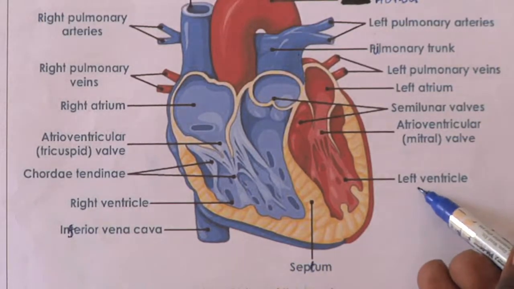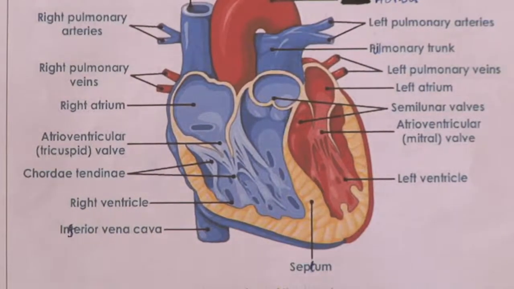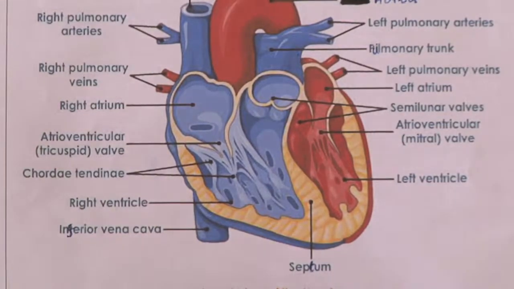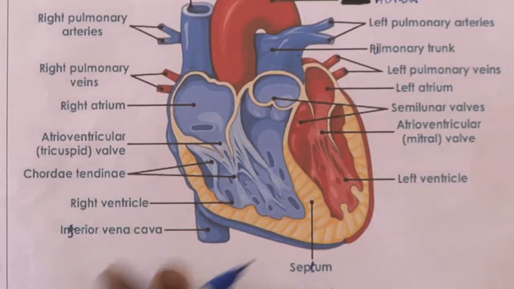When you look at the left ventricle and the right ventricle, how is a student able to differentiate between them in an exam situation?